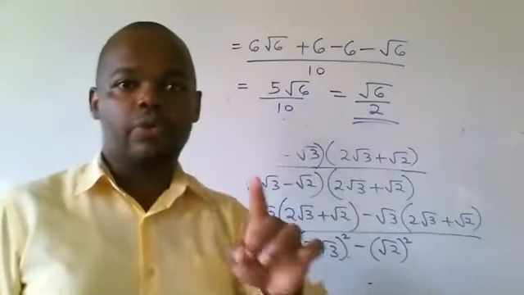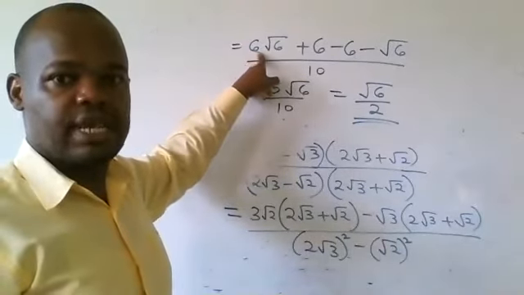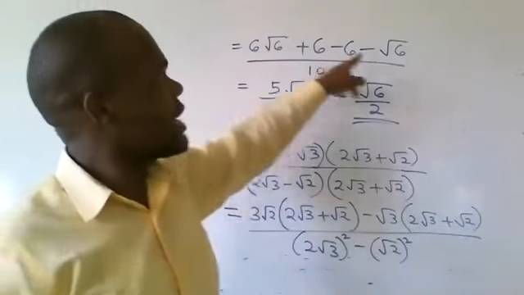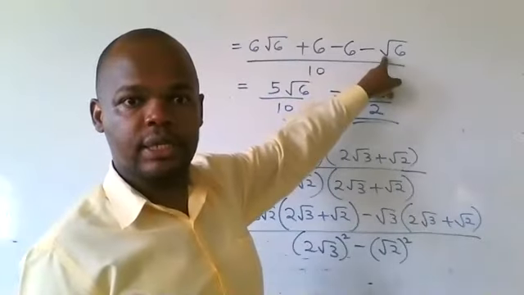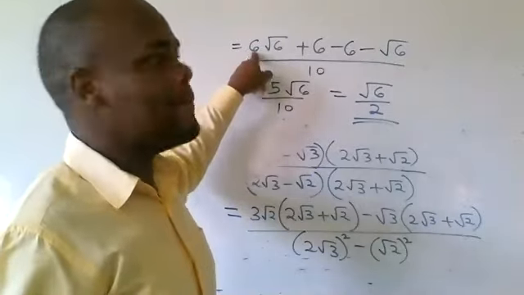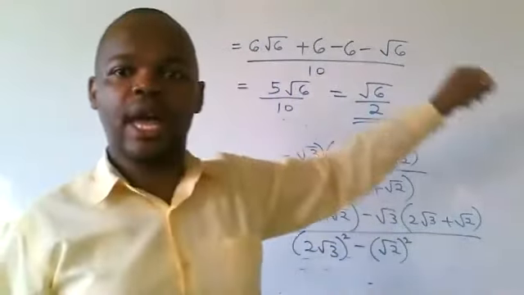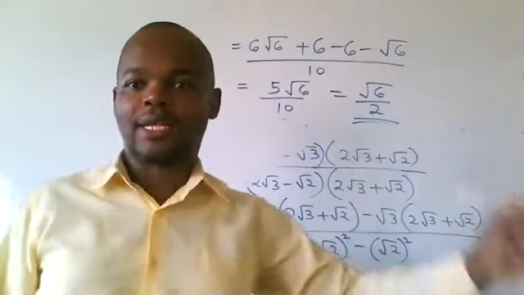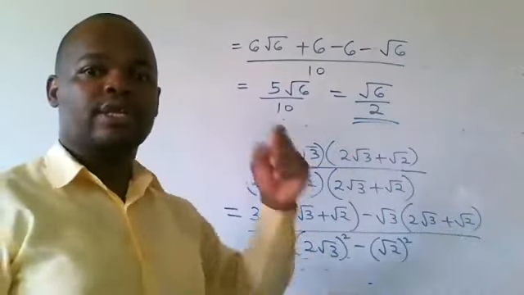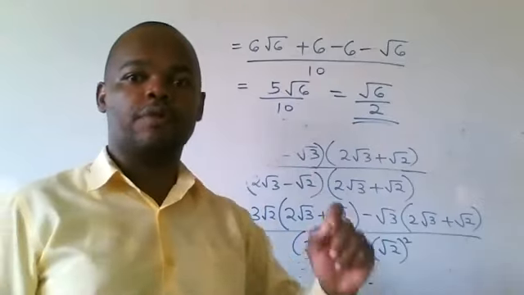A good question. So what I'm saying is 6 square root of 6 minus square root of 6 is like saying 6x minus x, and 6x minus x is 5x. That's why 6 square root of 6 minus square root of 6 is 5 square root of 6.